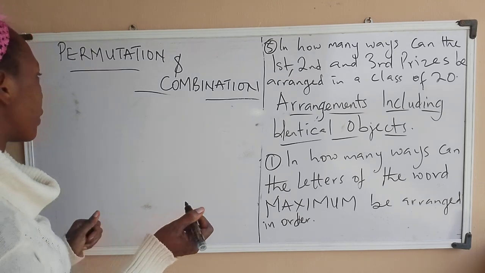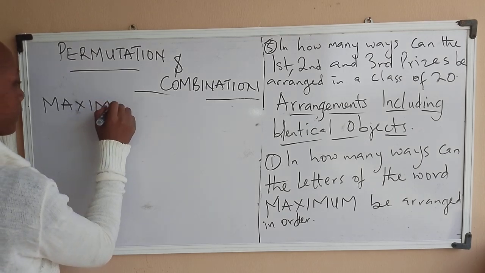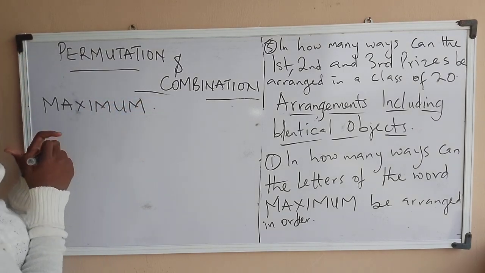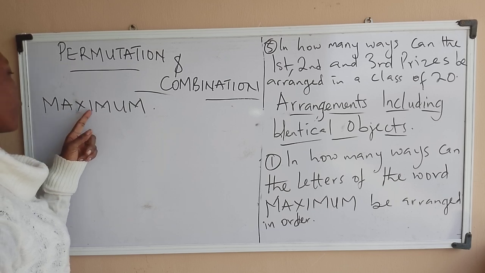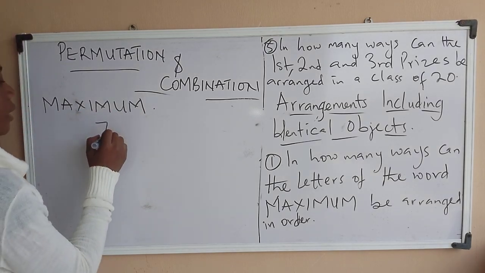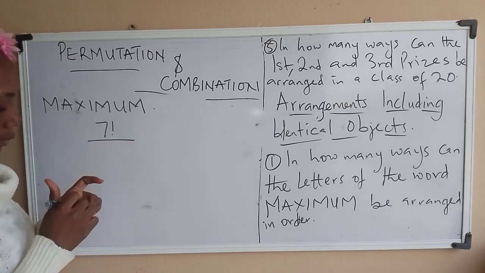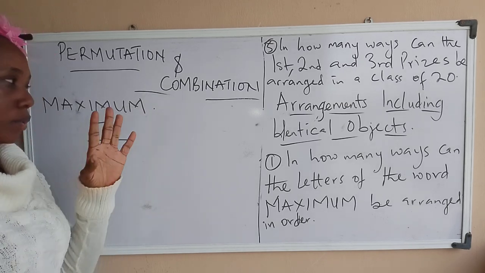Like I said, first thing you're going to do is to bring out the word maximum. How many letters do we have? 1, 2, 3, 4, 5, 6, 7. 7. Are you getting it? So 7 factorial. How many identical letters do we have? Just one, which is M.